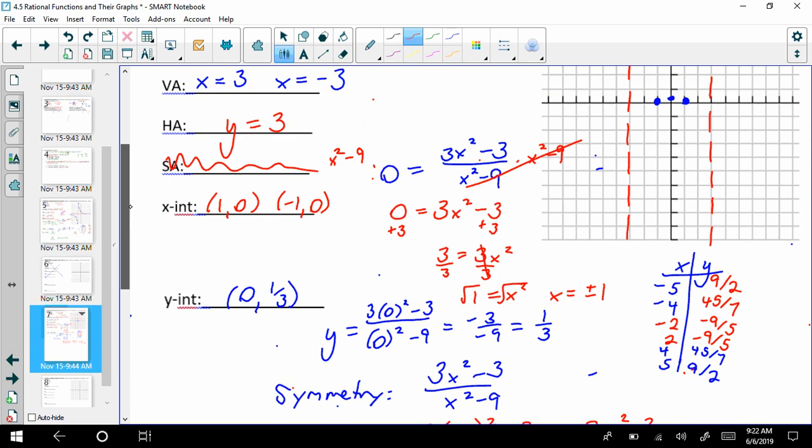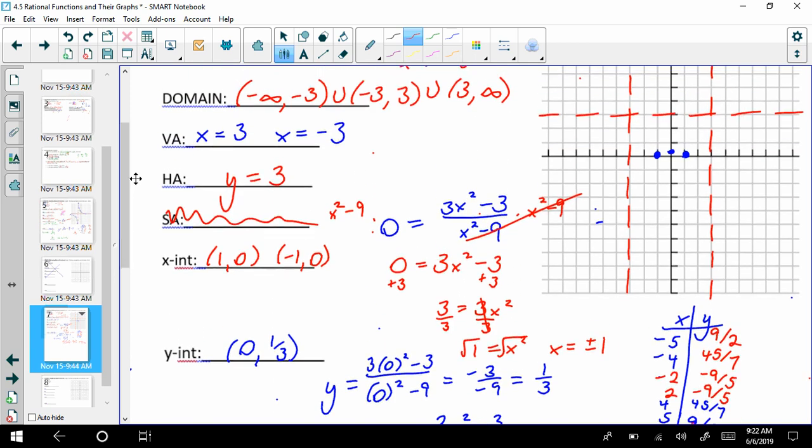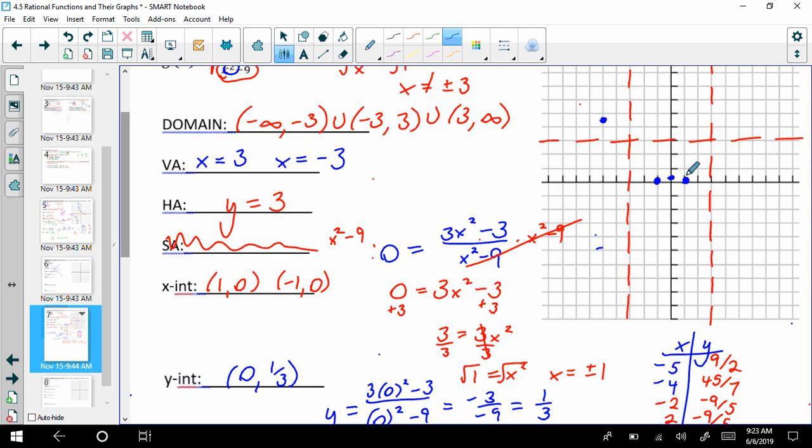Okay, let's plot our points and be done with this one. So negative 5, and 9 halves as a decimal is 4.5. So it's like right here. Negative 4, and if you take 45 divided by 7, it turns out that's 6.4-ish.